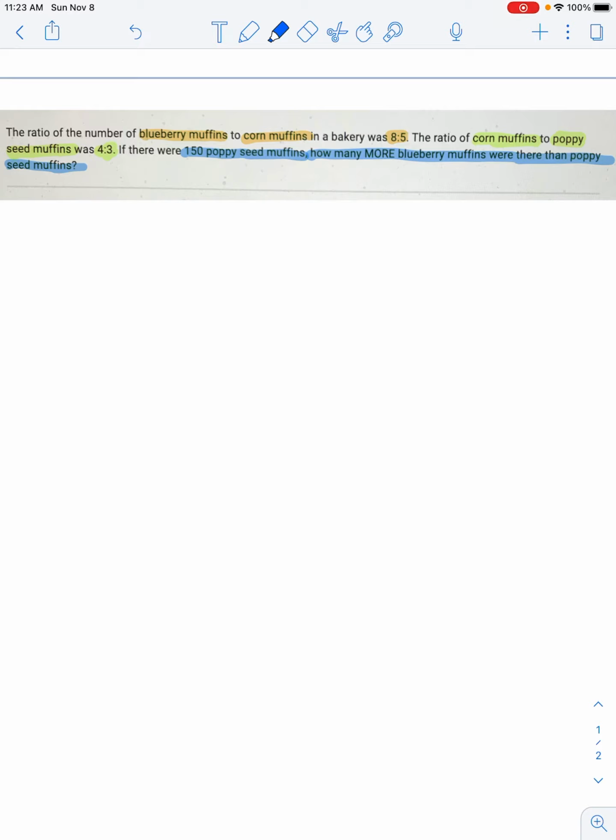It says that the ratio of the number of blueberry muffins, which I'm going to use a B, to corn muffins in a bakery is 8 to 5. Okay, so here we go, 8 to 5.